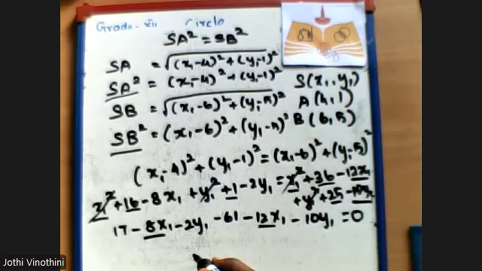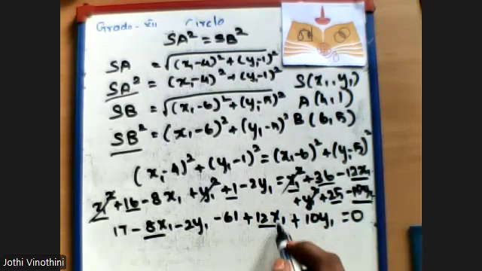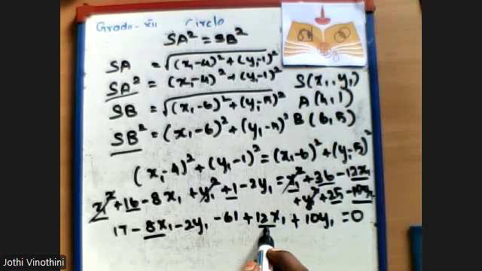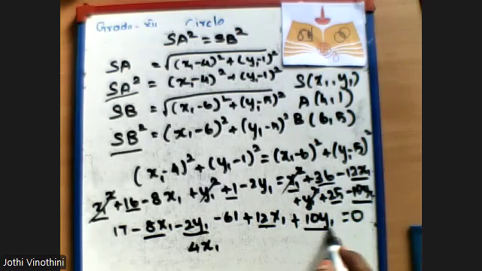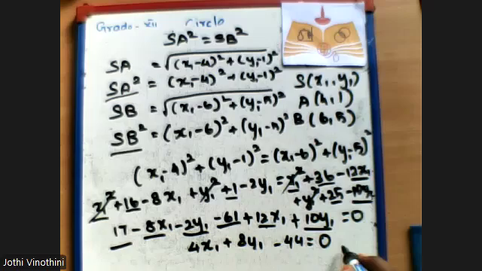Here it is a minus, so it becomes plus 12x1 plus 10y1. So 12x1 minus 8x1 will be 4x1. Considering these two, it will be 8y1. Minus 61 plus 17 will be minus 44, which equals 0. I am going to take this as equation 1.